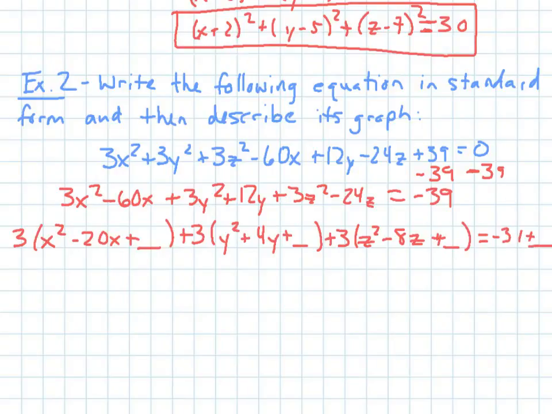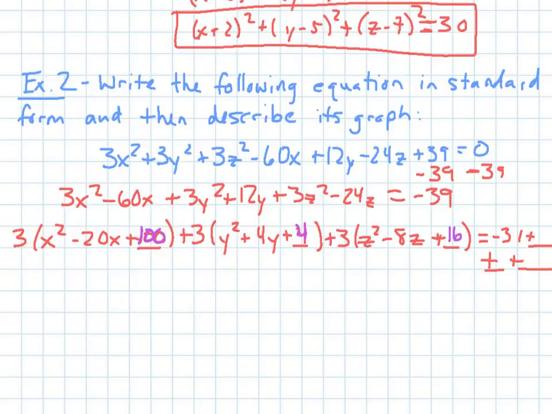Now we want to be able to add stuff to this. Half of negative 20 is negative 10; squared that gives you 100. Half of 4 is 2; squared, it's 4. And let's put that in a different color so you can see that we're adding it. Half of negative 8 is negative 4, squared is 16.